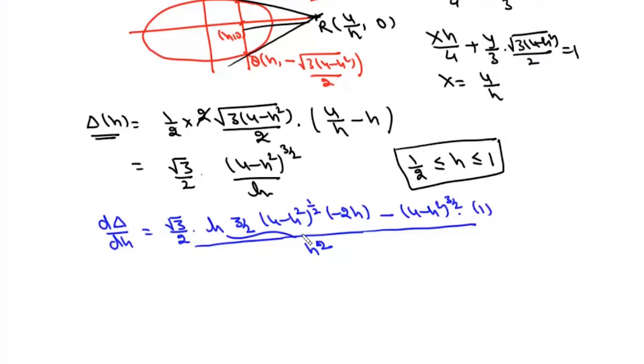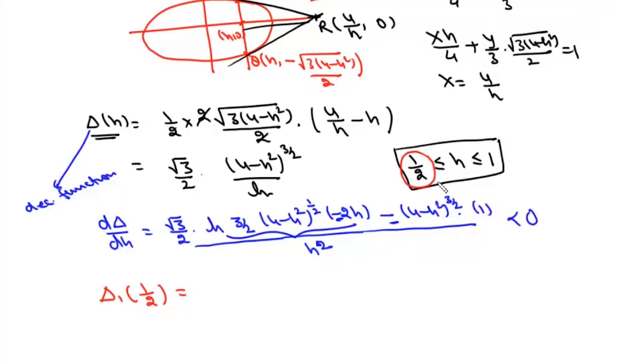Now this expression is negative and this expression is also negative, so that means d delta upon dh is less than 0 for all h in this interval. That means this function delta h is a decreasing function. Now if it is a decreasing function, it will have its maximum value when the value of h is 1 by 2. So this delta 1 will be when the value of h is 1 by 2.